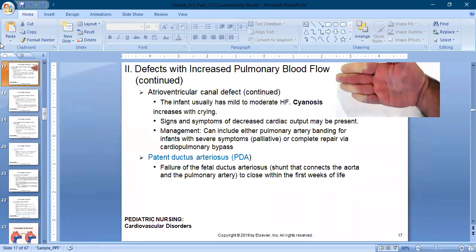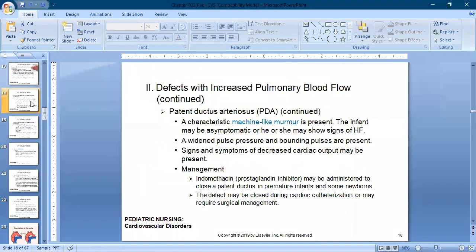Patent ductus arteriosus, or PDA, is a failure of the fetal duct arteries to close within the first week of life, and a characteristic machinery-like murmur is present. The infant may be asymptomatic, or he or she may show the signs and symptoms of heart failure.